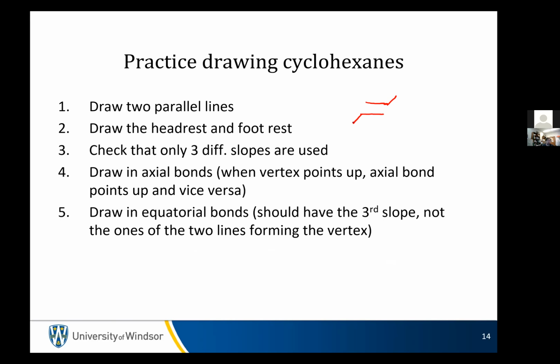Then we draw two more parallel lines. And then we close the chair. So what I've got here are three sets of parallel lines, and I'll highlight that in my next drawing.